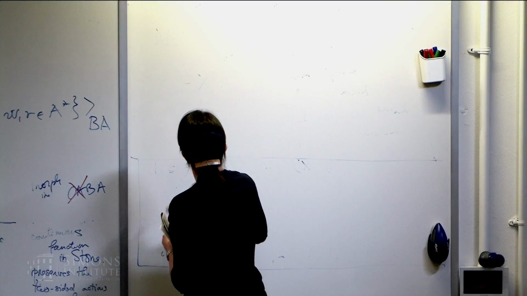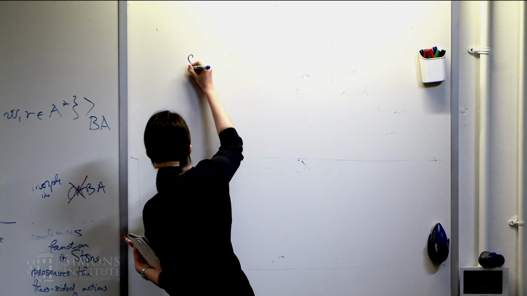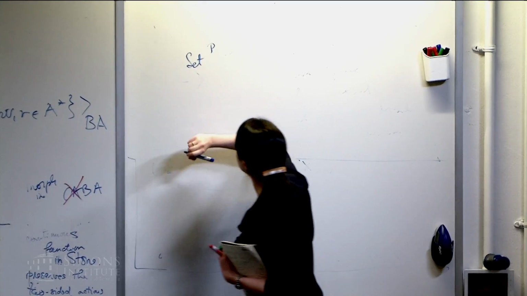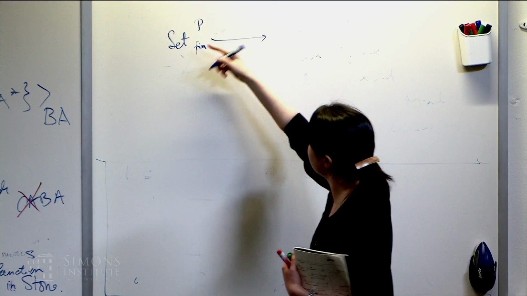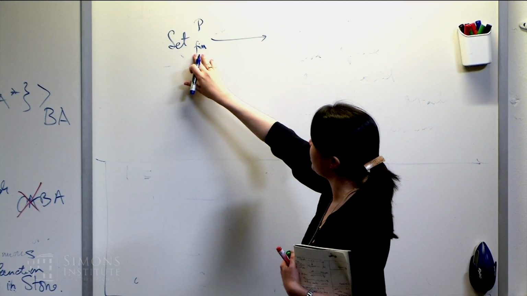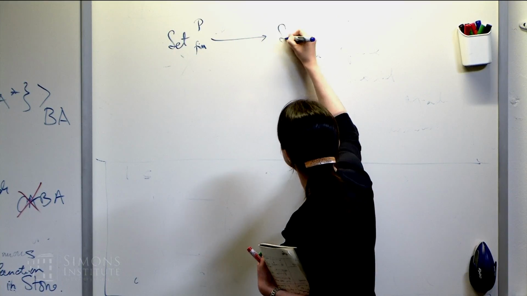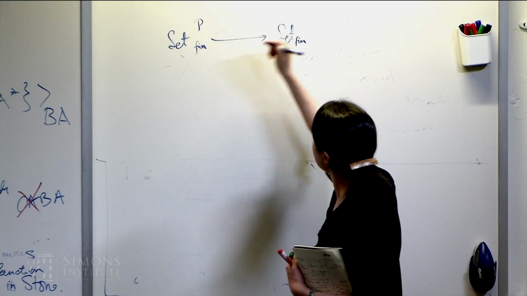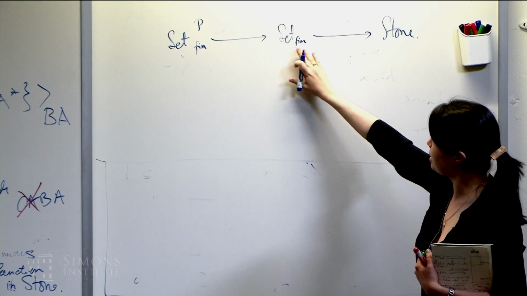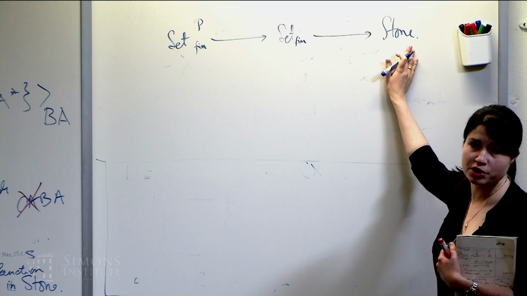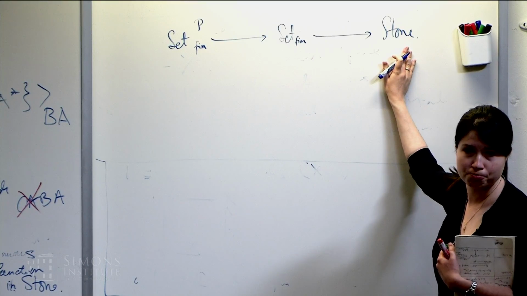I look at the Eilenberg-Moore algebras for the power set which are finitely carried, so this would be finite join semilattices. I forget about the algebra structure, and I see these finite sets as equipped with a discrete topology.